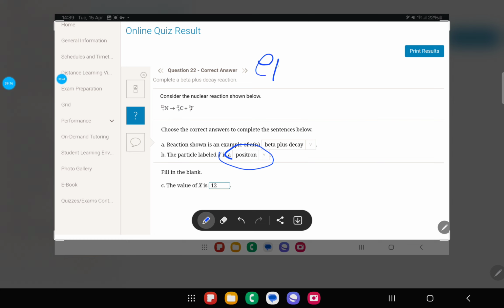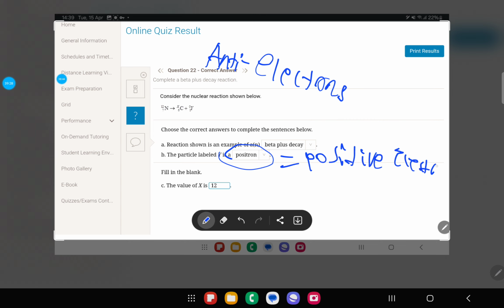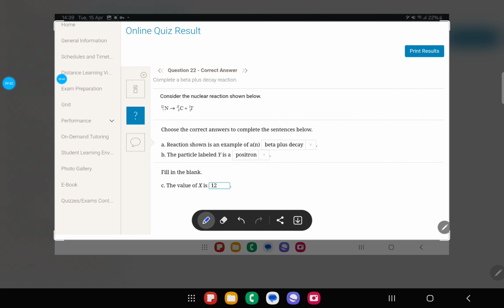A positron is basically an anti-electron, since it is an electron but positively charged, basically a positive electron. That's positrons. Memorize it like this. They're usually in the beta plus decay. When it's plus, it's a positron. Okay, always memorize it like this. So this is a positron, since it's plus. There are other types called beta minus decay, but we don't have that right now.